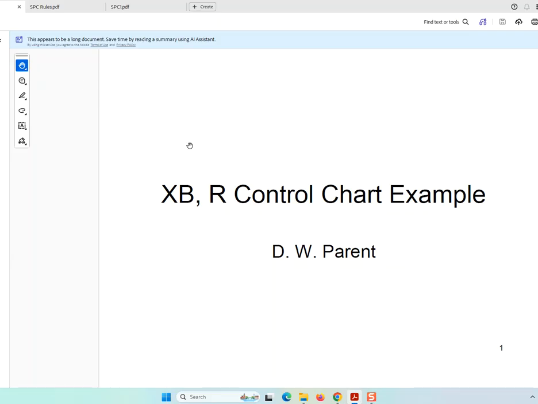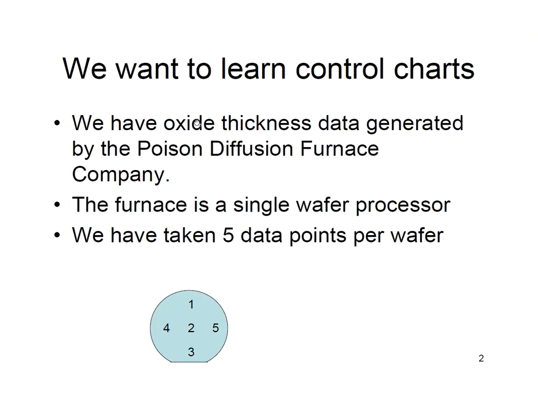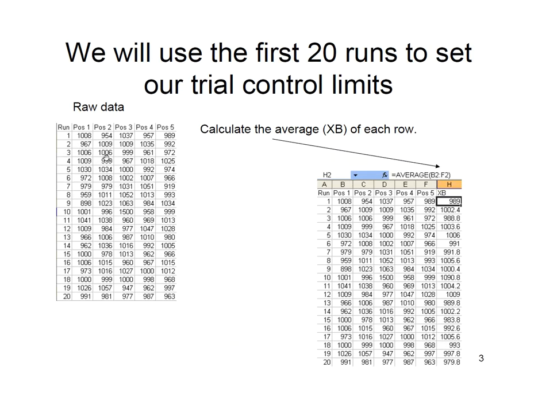Then we have a more specific example, okay, where here's our wafer. We have 1, 2, 3, 4, 5. And now for this example, one wafer is processed at a time. So the lot is 1 rather than 10 wafers like our furnace, and 5 points per wafer. And then you take the thickness measurement at position 1, 2, 3, and then you would just enter in the data.